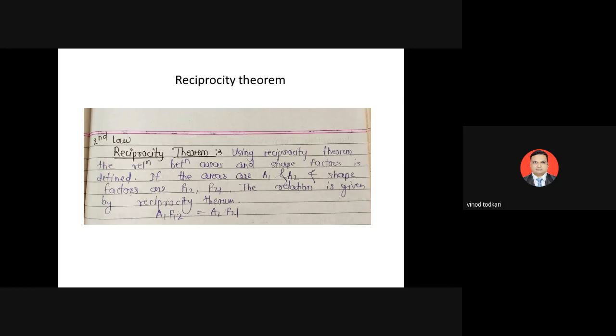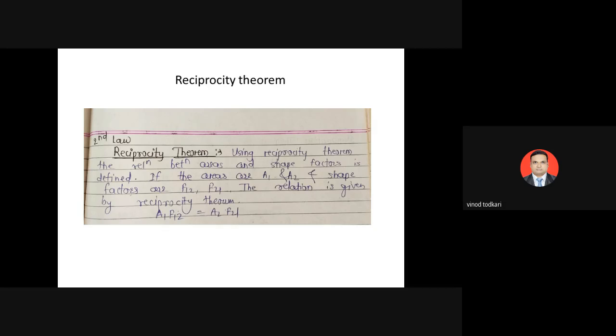What is the second law? The second law is the reciprocity theorem. Let's consider that there are two planes. The first plane has area A1 and the second plane has area A2. Now, how are these areas interrelated? By which equation are these areas linked with each other? They are linked with the help of the reciprocity theorem, which states that A1 F12 is equal to A2 F21.